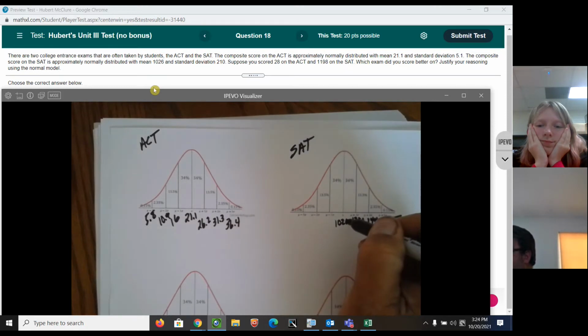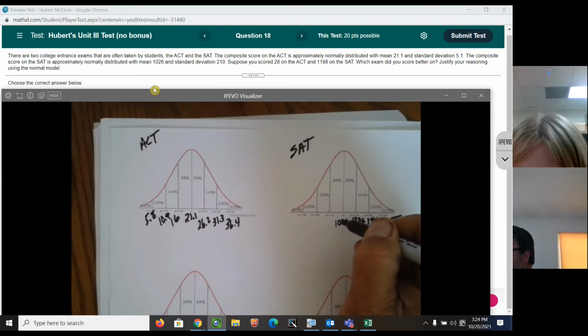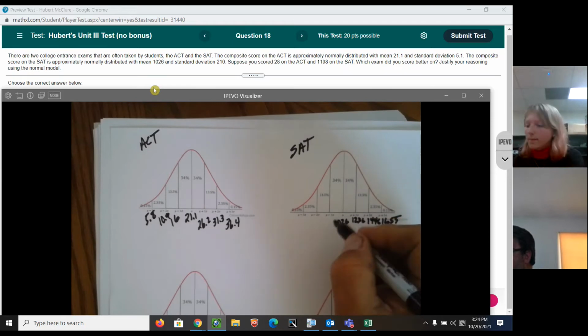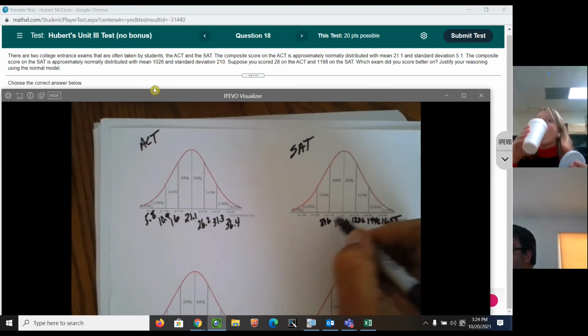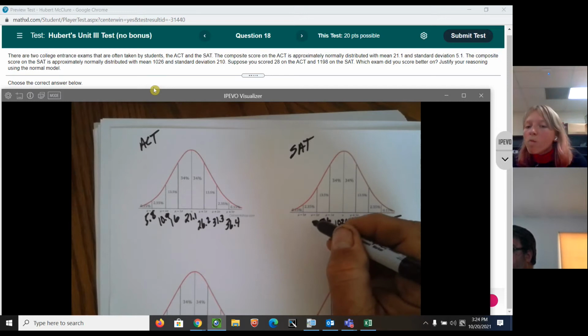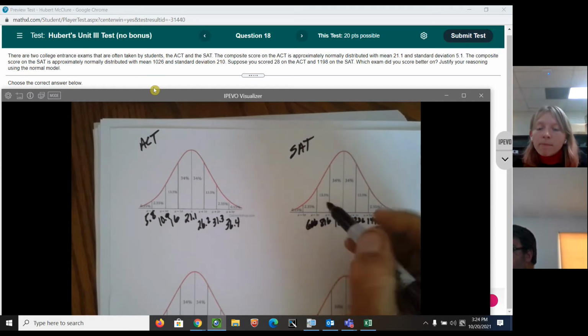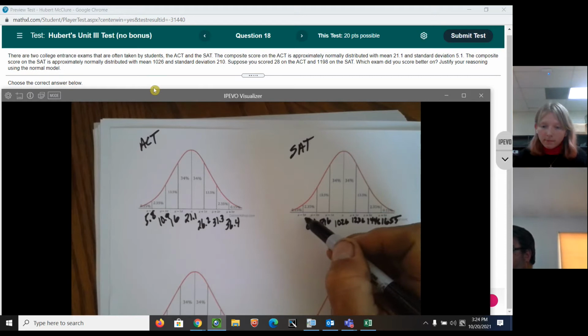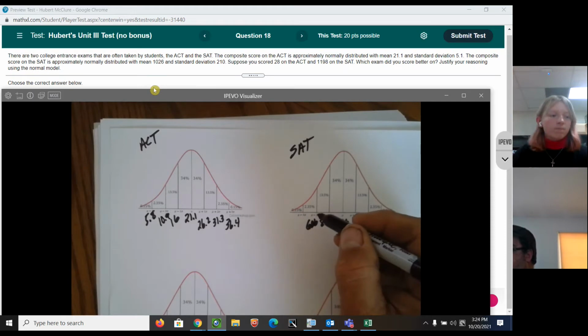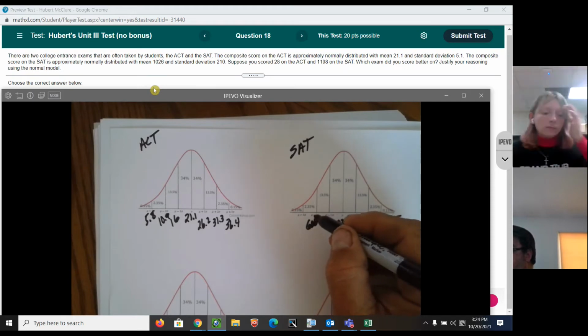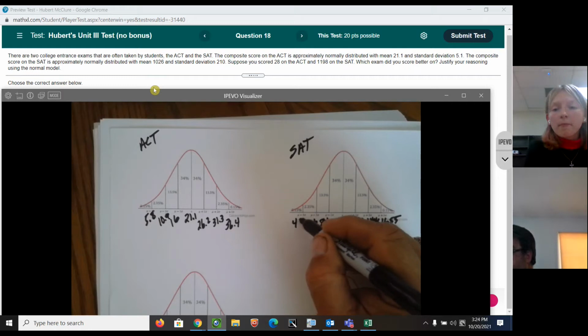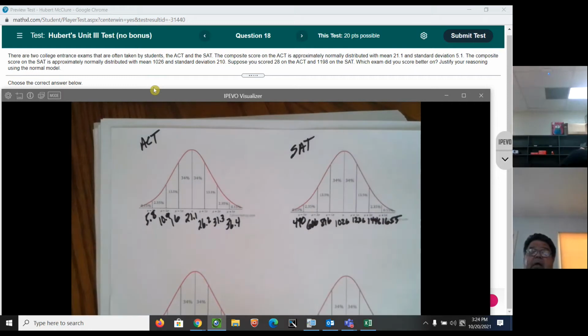That's going to be 816, then 606. And then 606 minus 210 would be 396. I don't know. Anyway, I don't know what those numbers are.